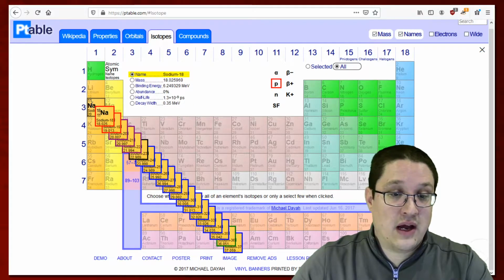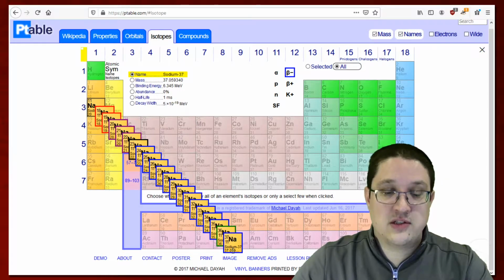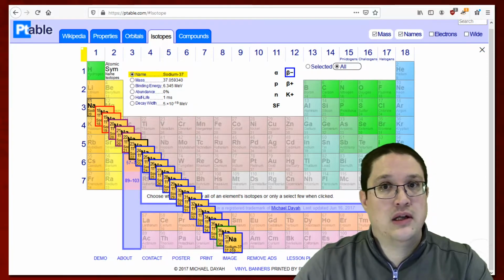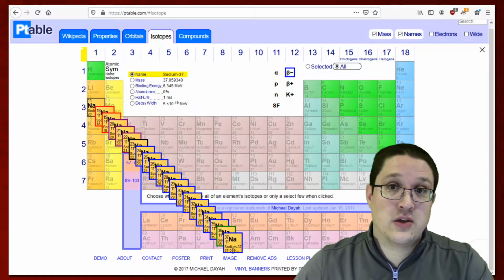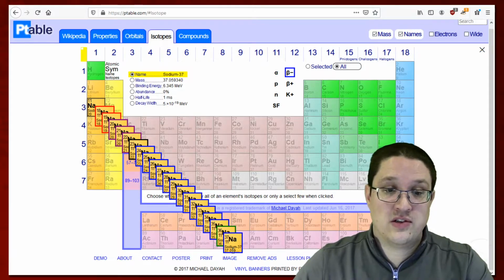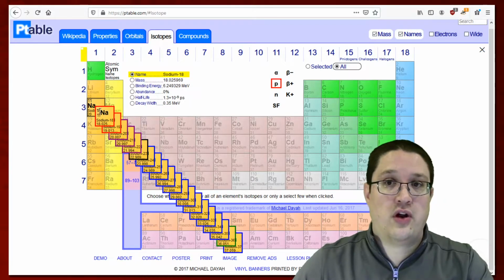I can go all the way down to, in this case, sodium 18, and all the way up to sodium 37. But not all of the possible sodiums that you might think would exist. For example, we've never seen a sodium 100, and we've also never seen a sodium 11, which would be no neutrons.